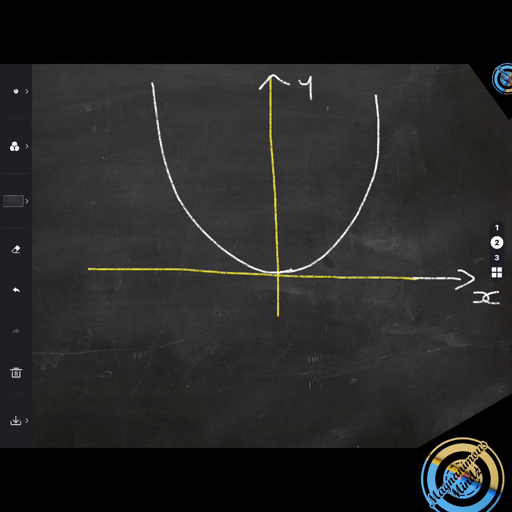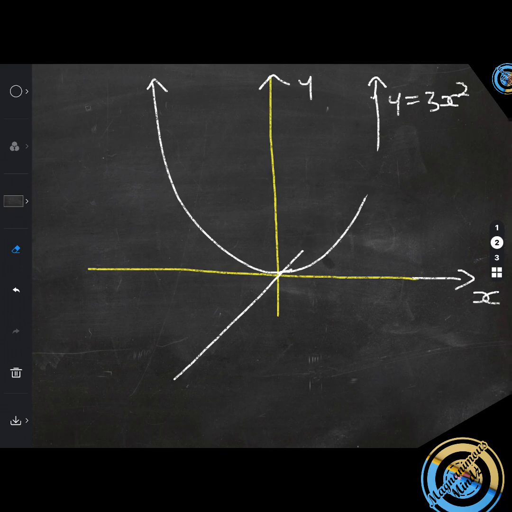So the parabola is like this. y equals 3x squared. And then the straight line.